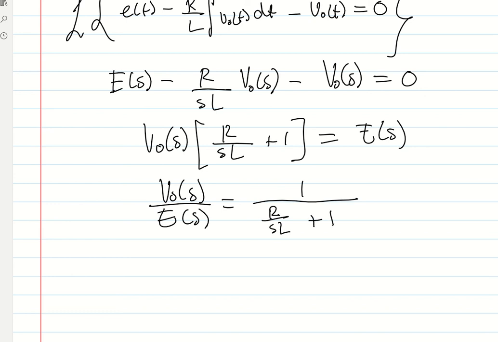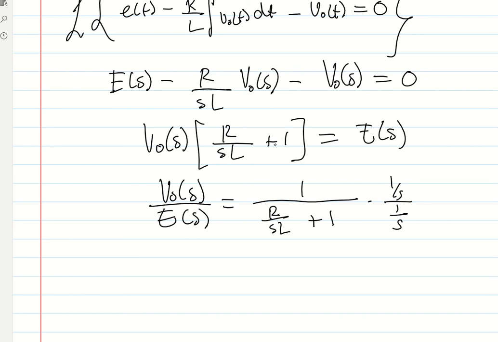And again, we need to simplify this. We need to multiply the numerator and denominator to remove s at the bottom. So we need to multiply it by 1 over s, then 1 over s and 1 over s.